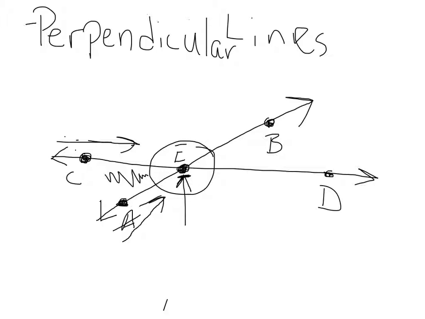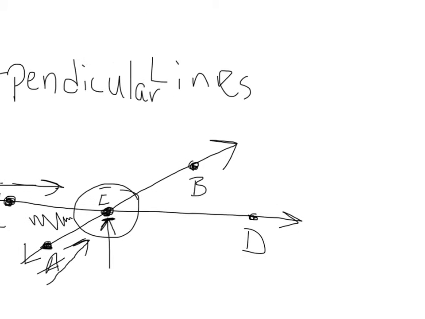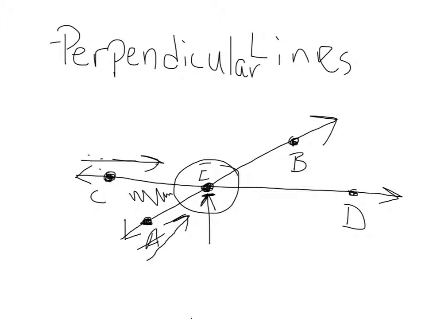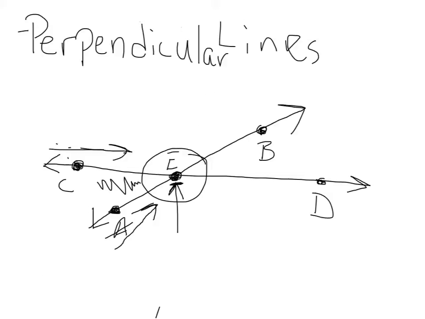So perpendicular lines are intersecting lines, but there's something special about them. Intersecting lines are lines that cross. Oops.